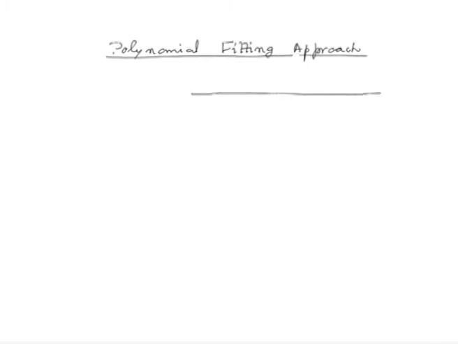Polynomial fitting approach. First let us note down our grid points: i+1, i+2, i-1 and i-2.